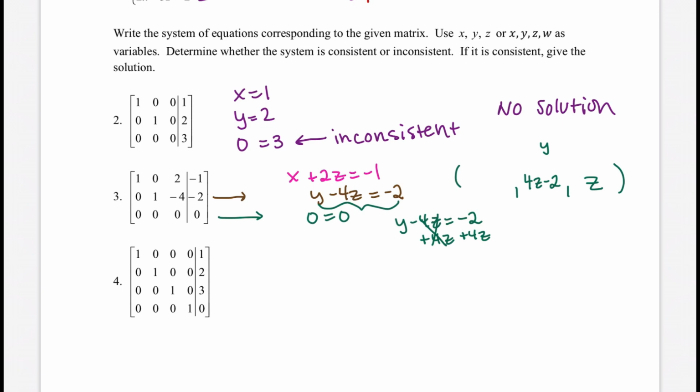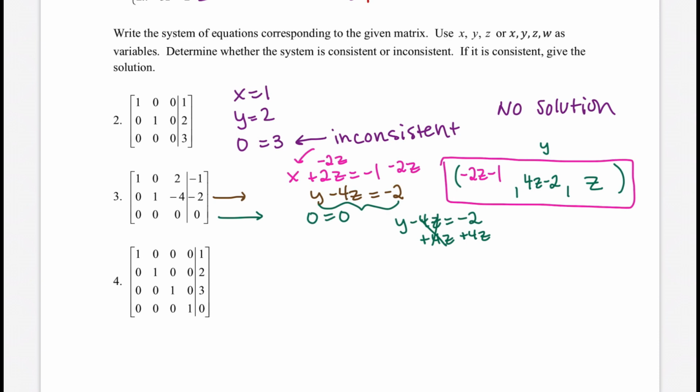Now for my x, I have x plus 2z equals negative 1. What I want to do for x is also get it in terms of z. So I'm going to subtract 2z from both sides, and I'll have negative 2z minus 1 for my x.